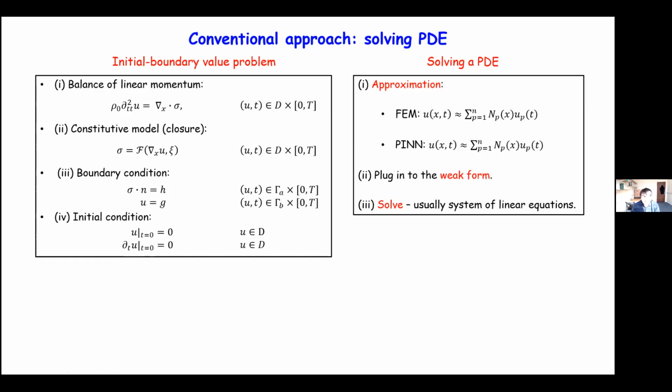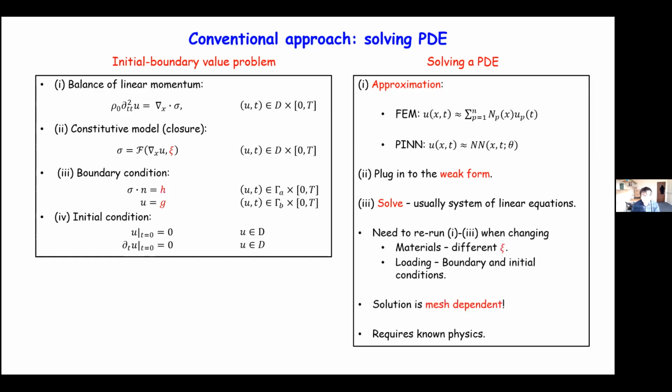After we have this approximation, we plug it into a weak form of this PDE and solve the system, usually in the form of linear equations or linear ODEs. This is the standard procedure. Also, here I correct: this is a neural network, not a polynomial interpolation.